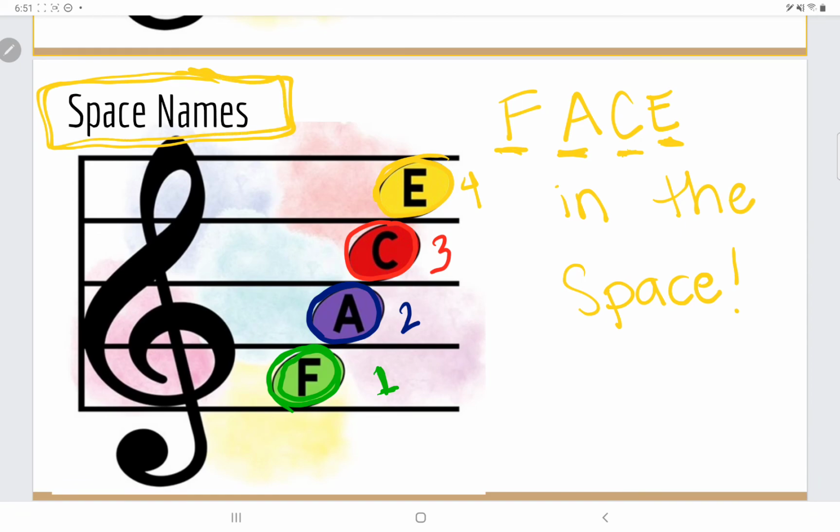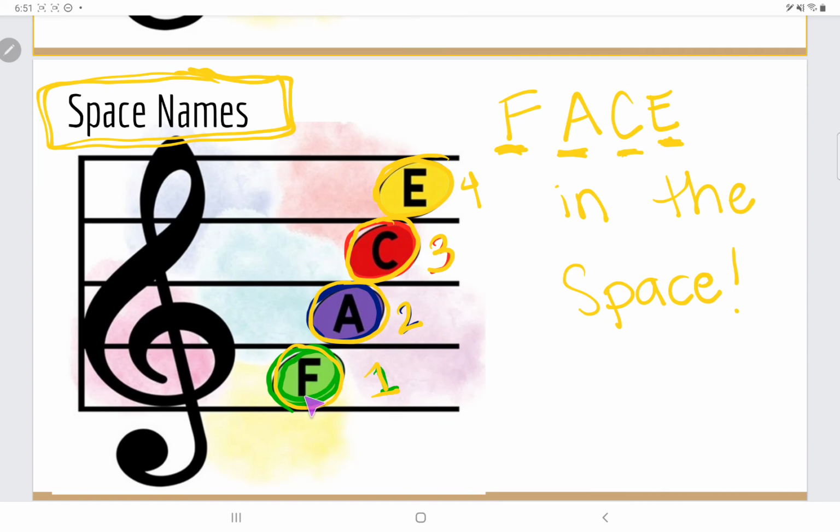Okay, scholars, what I want you to do now is again, pause the video. Anything that I have outlined in yellow, just like the last one, I want you to have on your paper too. I want you to have these numbers that I wrote out, and the little rhyme that we have on our side. Remember to get not just the note, but also the name inside the note.